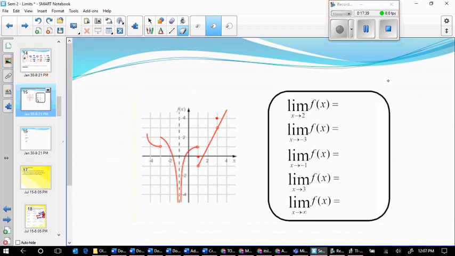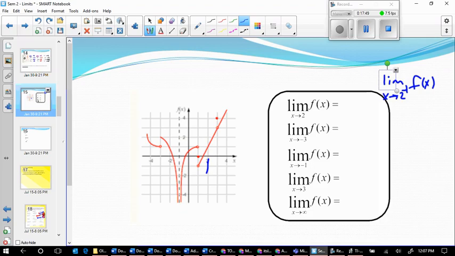So I have the limit as x is approaching 2 from above of f of x. From above, there's 2. I'm going from that side, larger x values. That's going to give me, this point goes towards 1 here. And from below, the limit as x is approaching 2 from below of f of x, that comes from this other side, and that also looks to be going up to 1. So since they both go to 1, then my full limit is equal to 1.